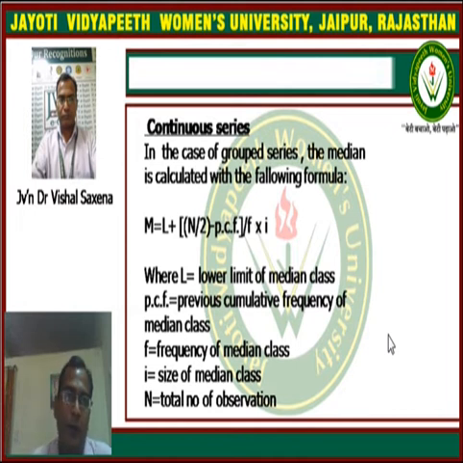It means the cumulative frequency of the class previous to the median class interval. And f means the frequency of the median class, i means the size of the median class, and n is equal to the total number of observations.